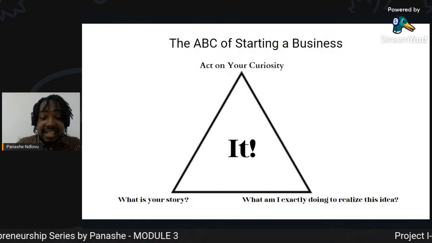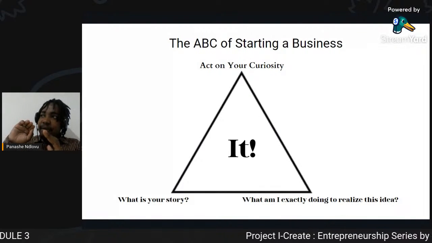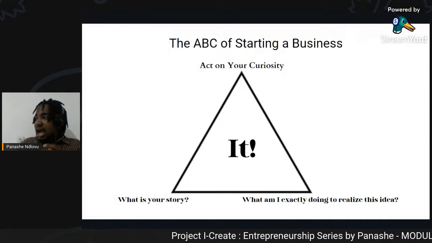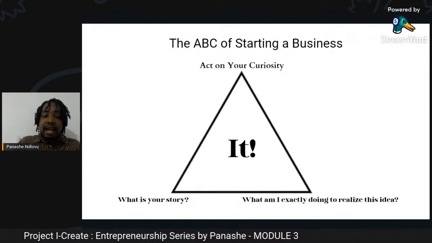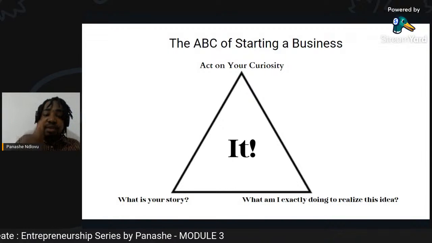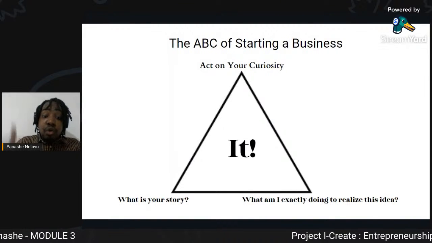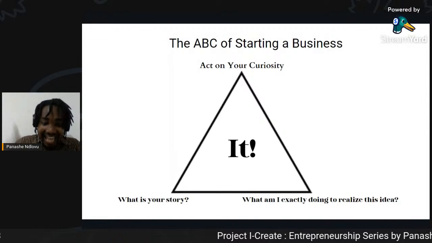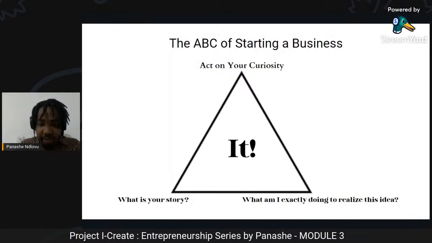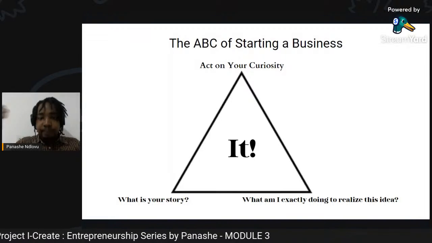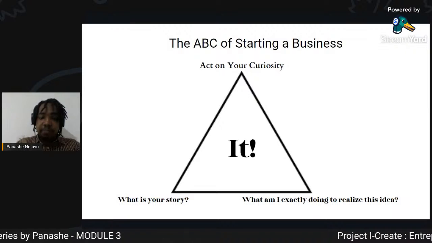Well, the interesting thing about expertise, about resources, about information, about knowledge is that these things can be built and they can accumulate over time. So don't worry about not having the expertise at the start. This is something that you're going to build, that you're going to accumulate as you explore that idea.